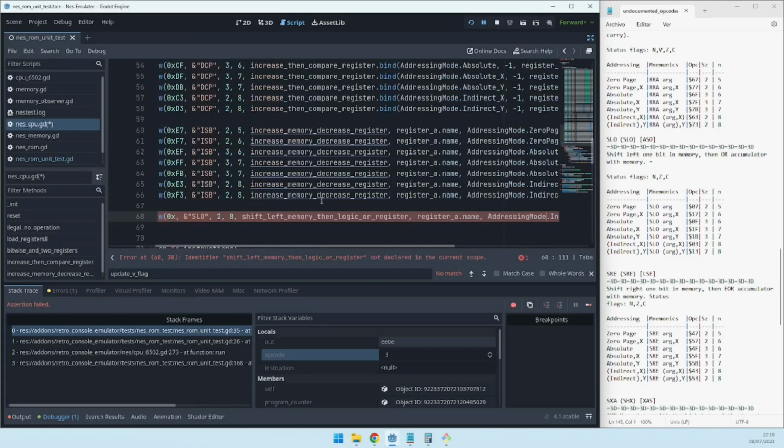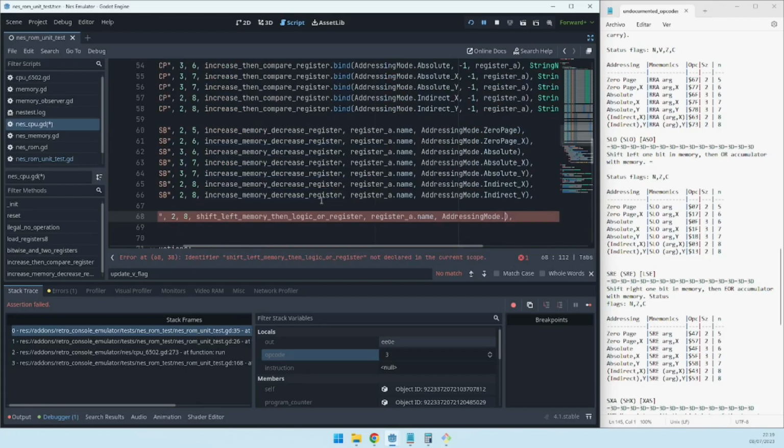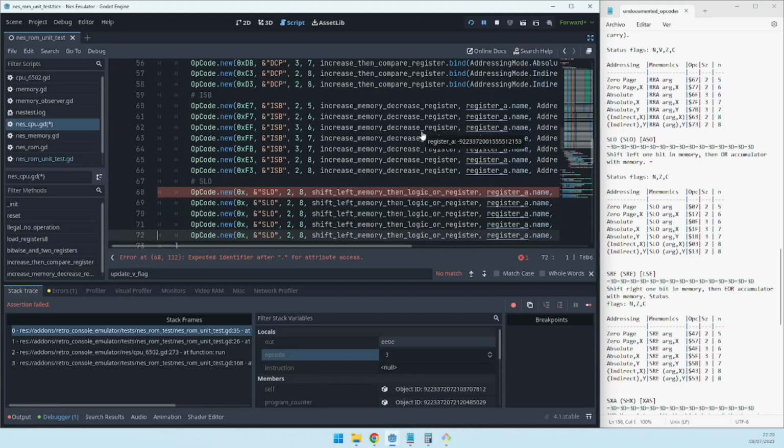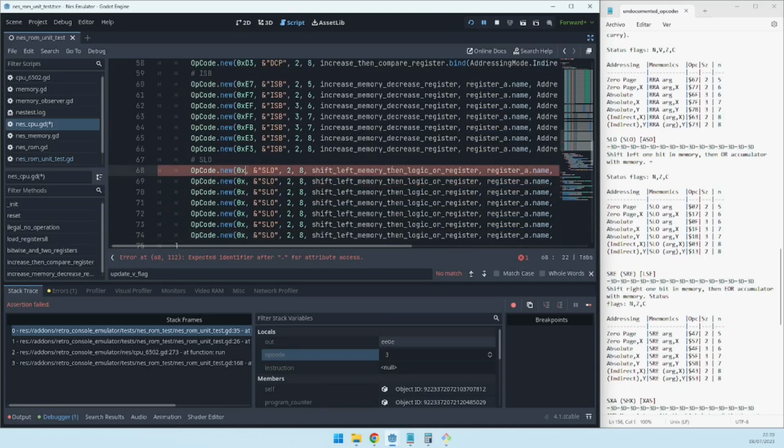And we are going to use the A register and the addressing mode. Okay. And we have 1, 2, 3, 4, 5, 6, 7 instructions.